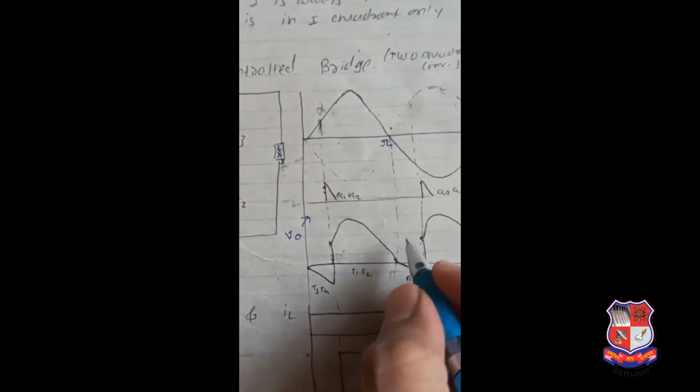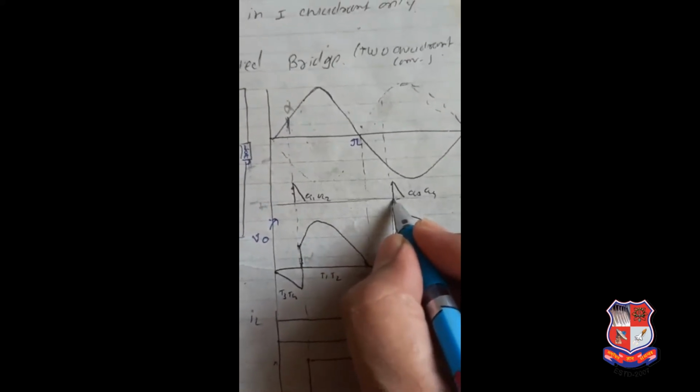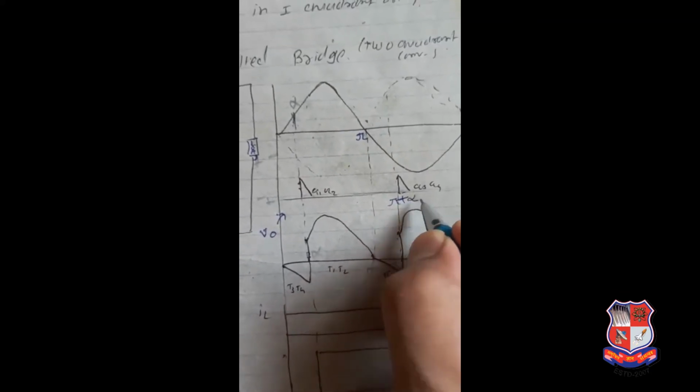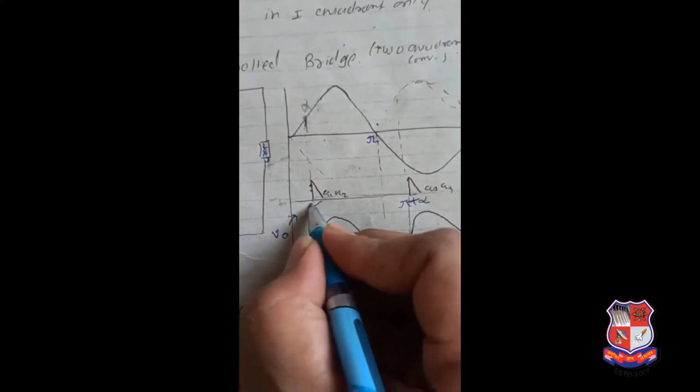But what will happen at pi plus alpha? This is pi plus alpha, and this is alpha. So what will happen between pi and pi plus alpha?